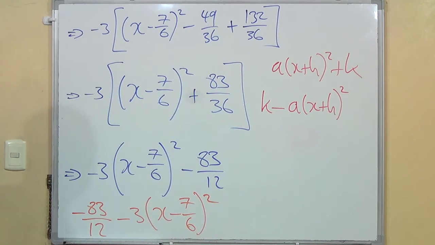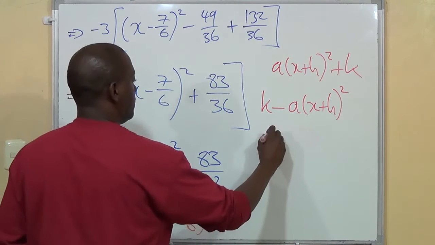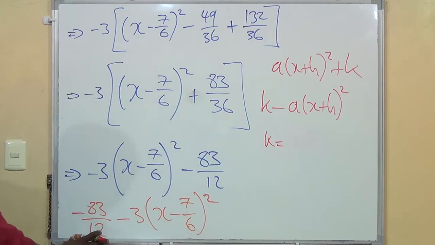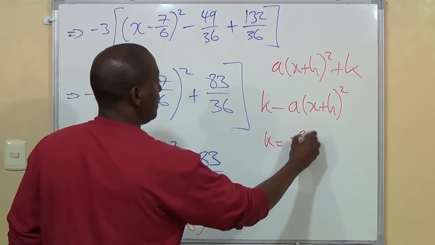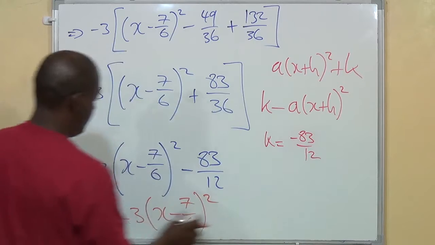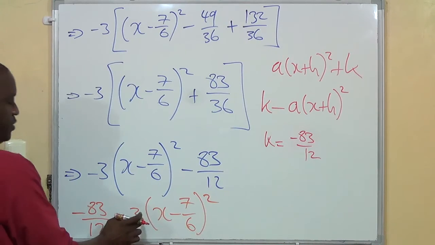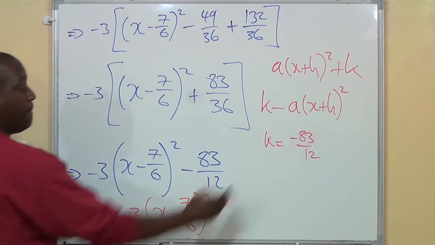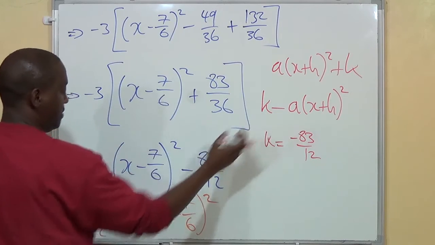And if we do that, then your k would be, we go back to red now, minus 83 over 12 down in the corner here, right? Your a would be 3, not minus 3, because you have the a here with the minus sign in front of it.